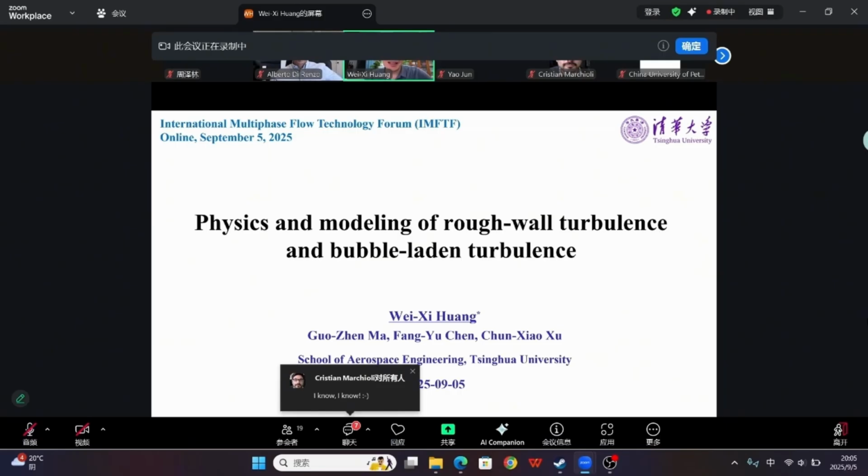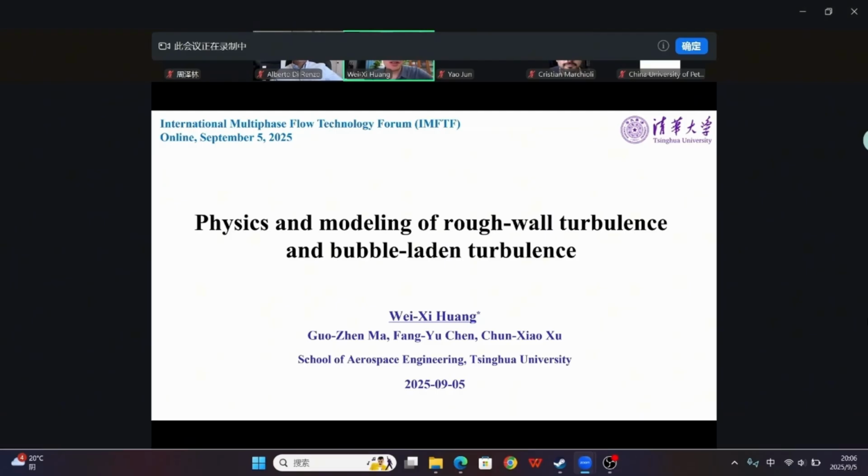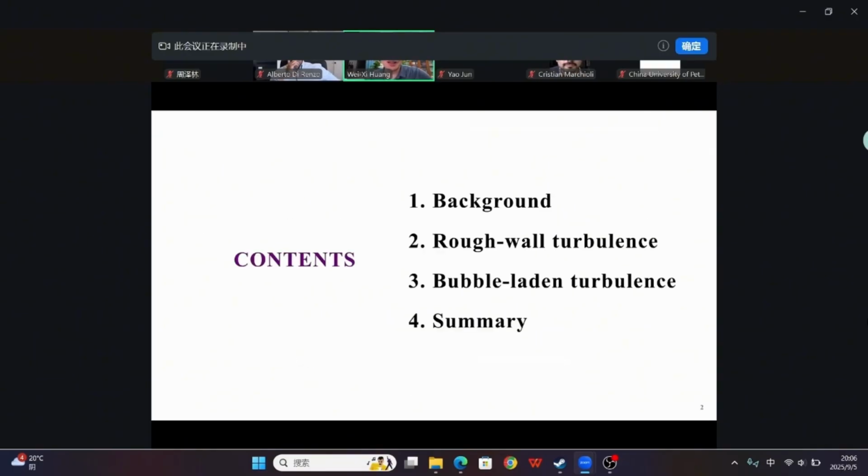So here I'd like to first talk about rough wall turbulence, and also, to be closer to this multi-phase flow forum, I will show some ongoing work about bubble-laden turbulence. First, some background.